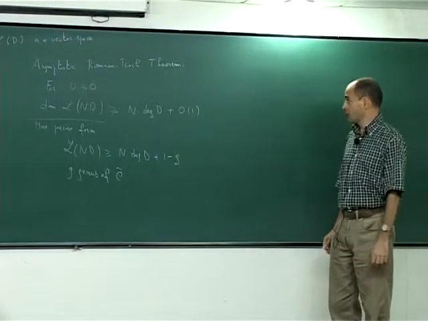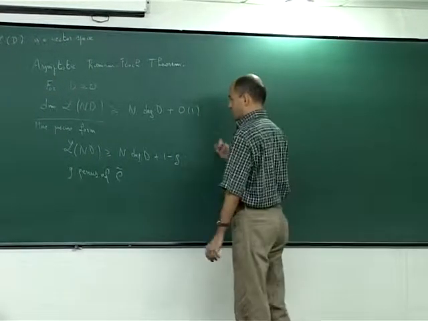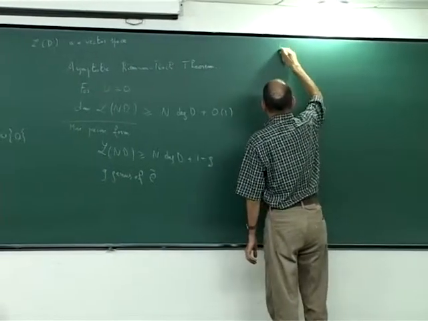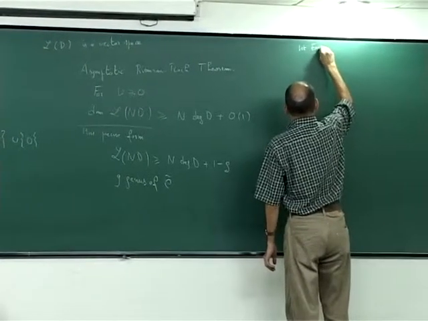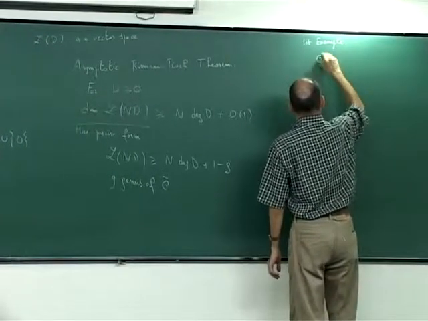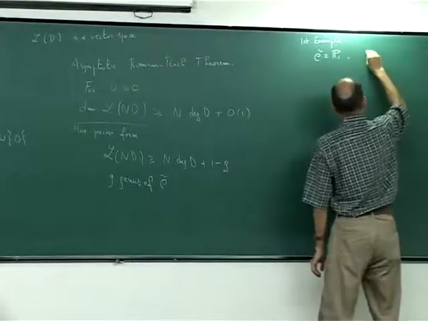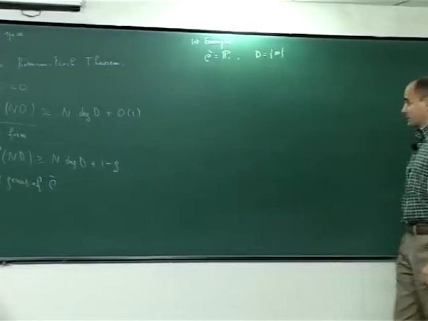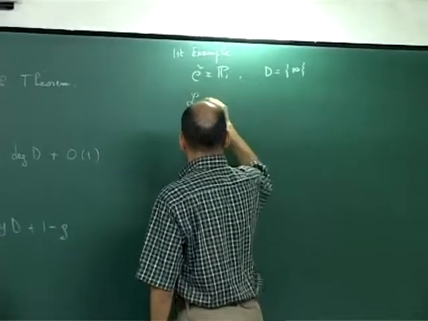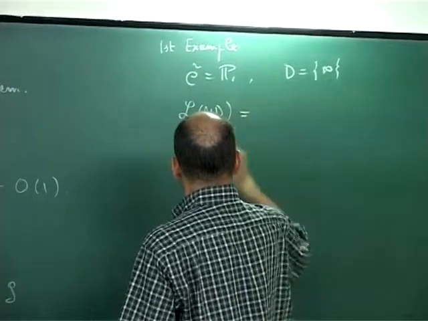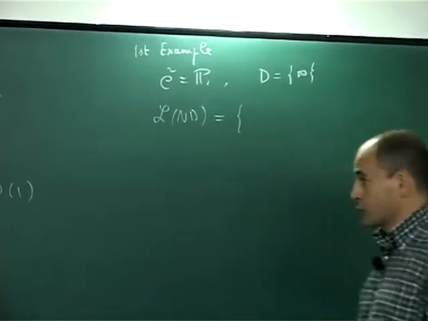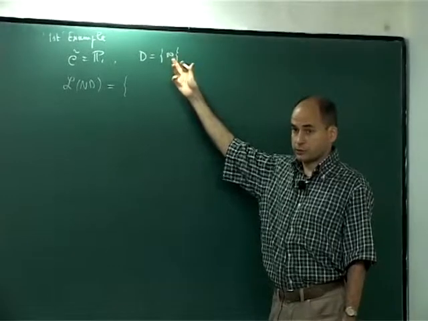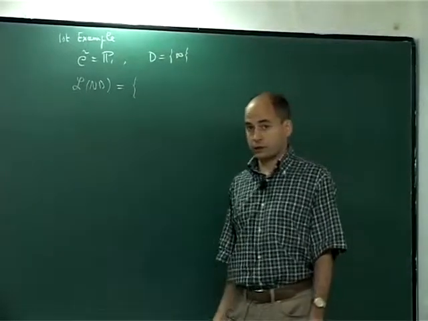I will show how. First, the most elementary example. Take C tilde to be P1 and D to be the single point at infinity. So in this case, L of nD is the set of rational functions having no poles, but possibly at infinity, and at infinity they have a pole of degree at most n.